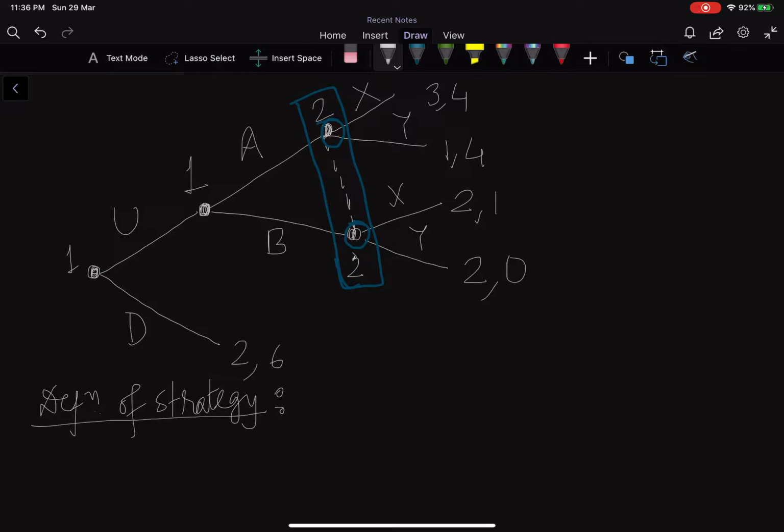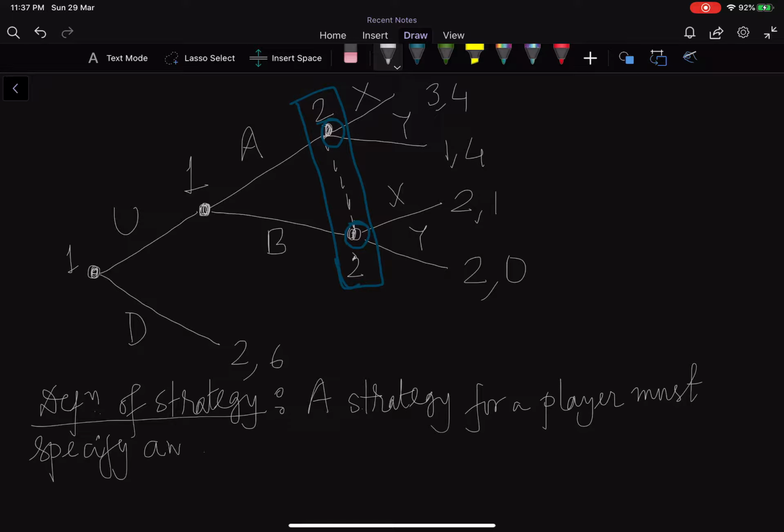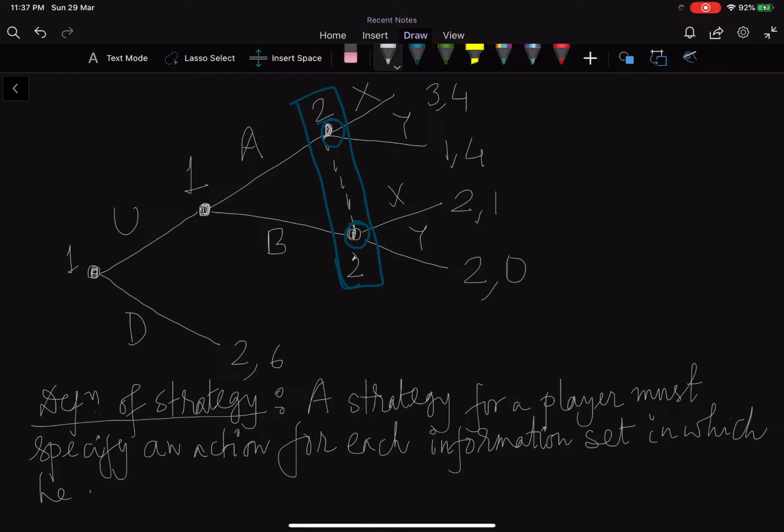Now we say a strategy for a player must specify an action for each information set in which he makes a move.